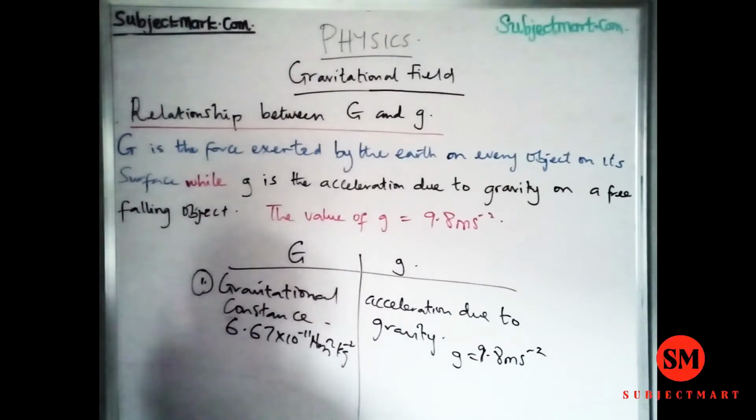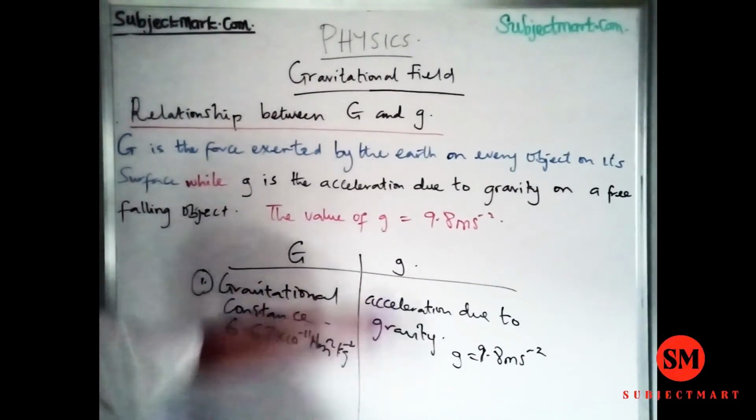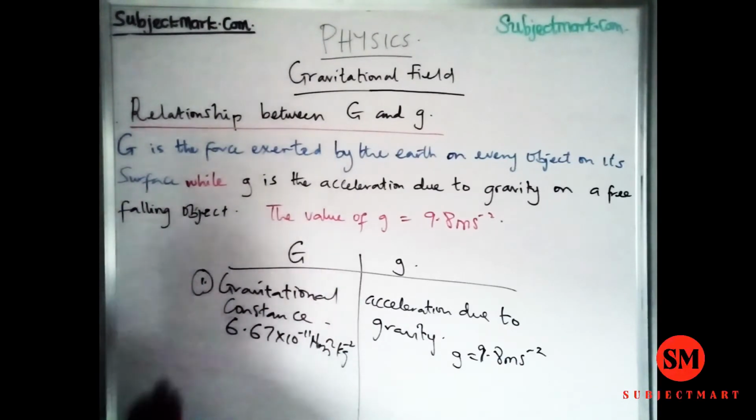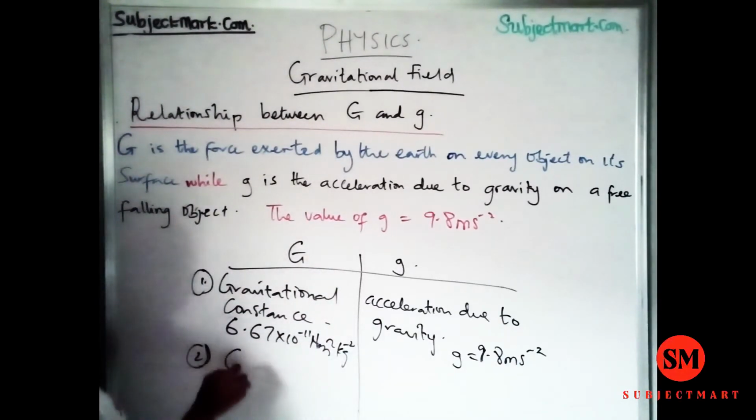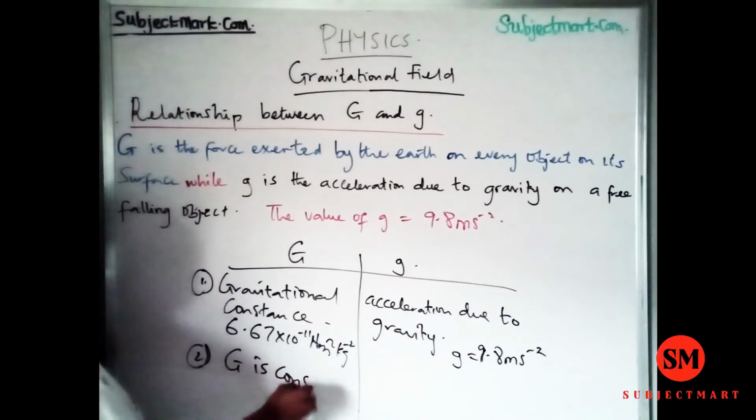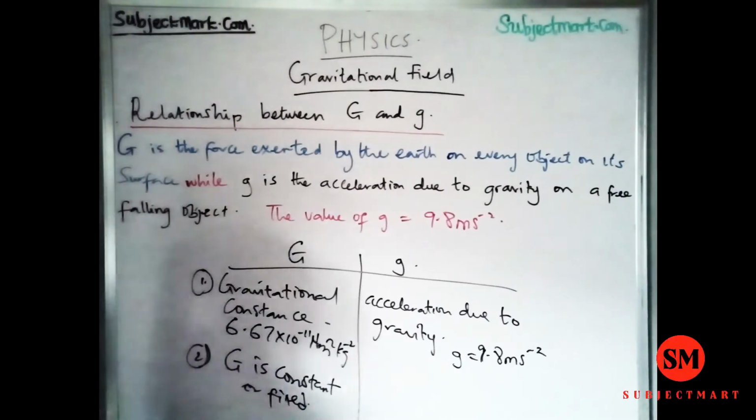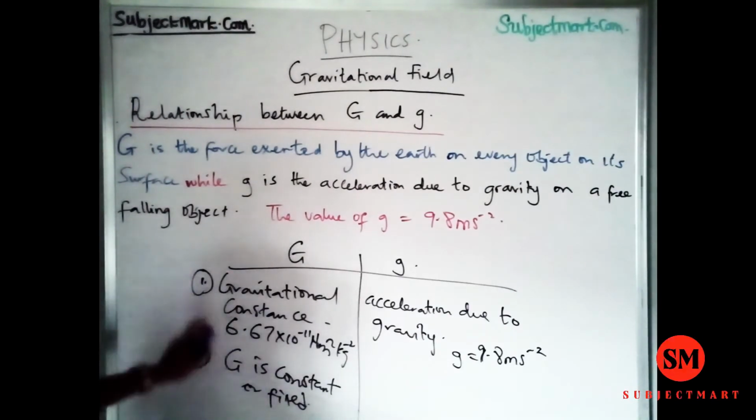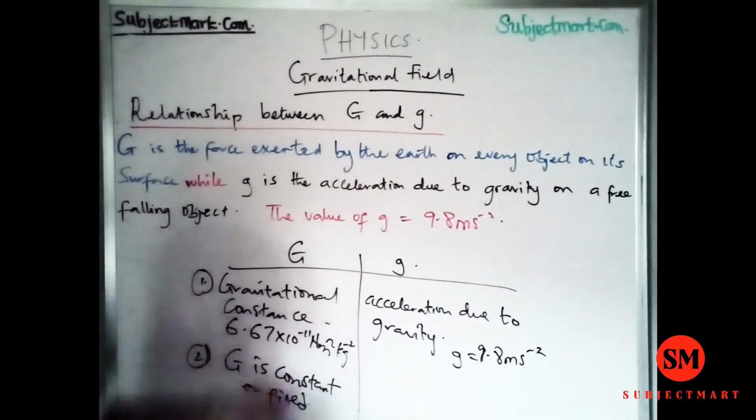But g varies. I mean the small letter g varies. Capital G is constant. It's fixed. That means anywhere in the world, capital G is 6.67 times 10 raised to the power minus 11. It doesn't change.